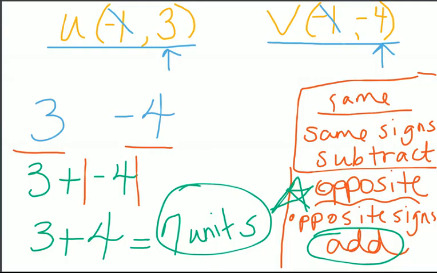Now, let's remember that point U is negative 1, 3. That's this one right here. And let's remember that point V is negative 1, negative 4. It's this one right here. Alright, now we're going to see if the distance was right.